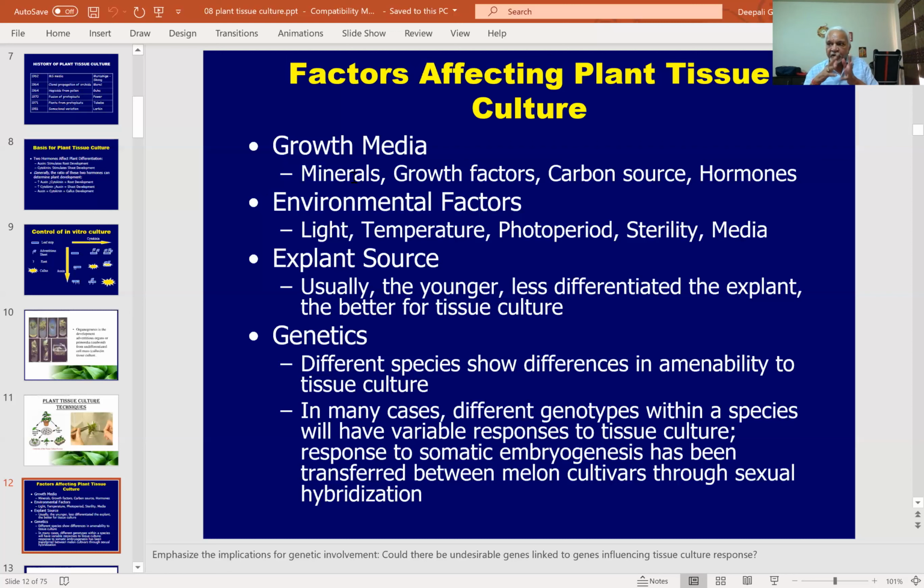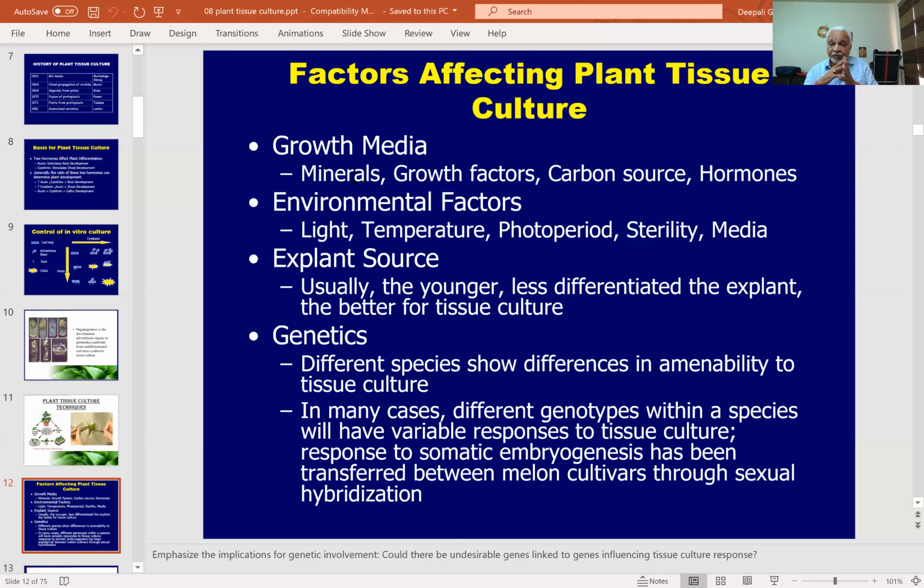And then the explant. Usually it is the younger tissues which are more amenable for tissue culture regimes, and they are considered to be better for tissue culture.